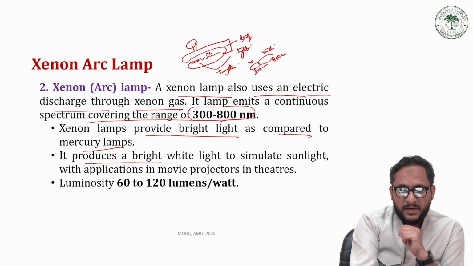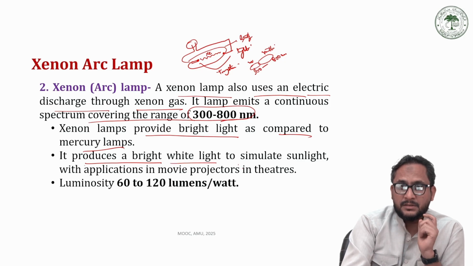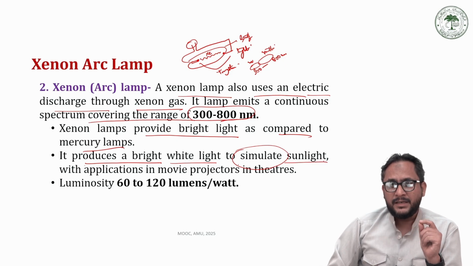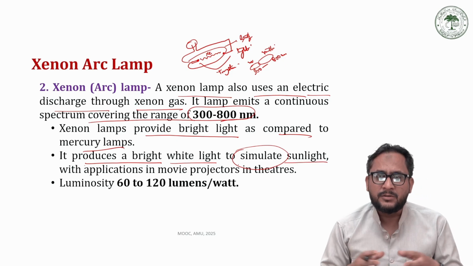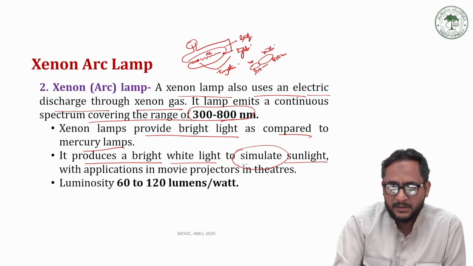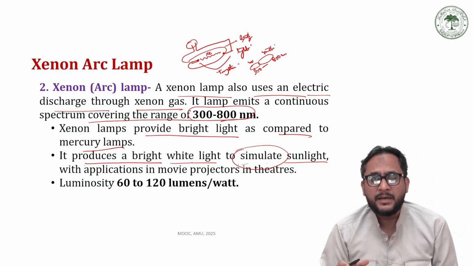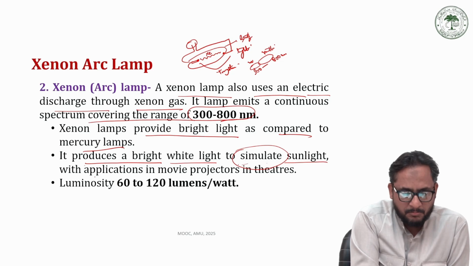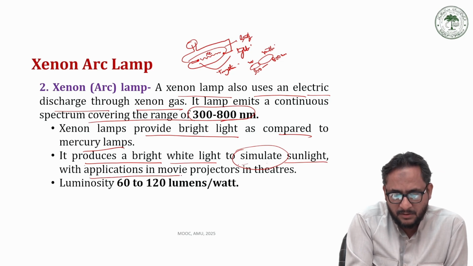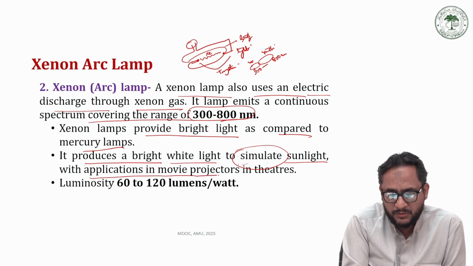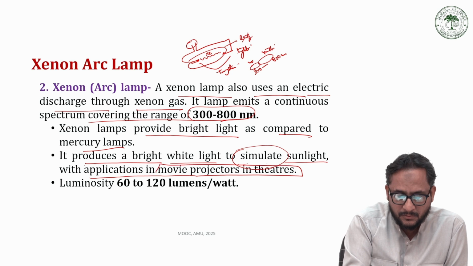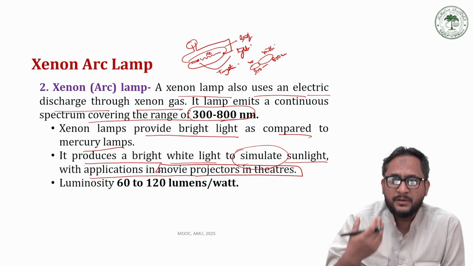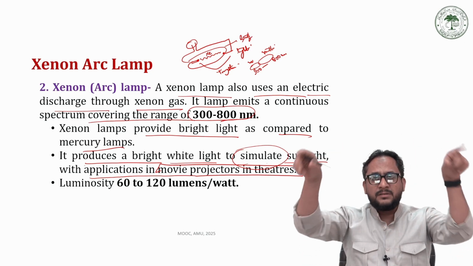They produce bright white light which imitates our sunlight. The light that is produced looks like daylight, very bright, just like sunlight. These xenon lamps are also used in movie projectors in theaters. You have all been to a movie theater and seen a movie on a big screen.